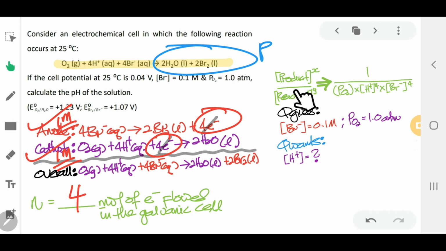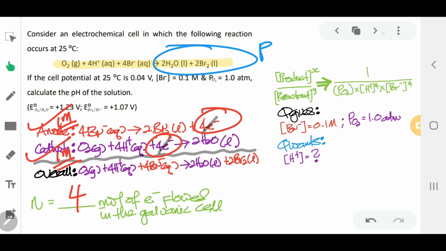I'm just writing it down here so that it will be easier for you to identify what values you need to plug into your quotient. And this is what we need to find: the concentration of H plus. By finding the concentration of H plus, we will be able to find the pH of the solution.